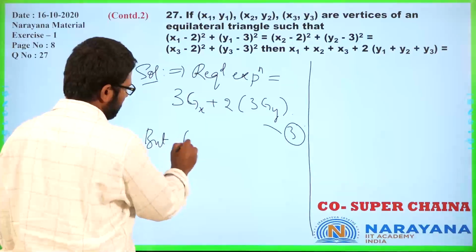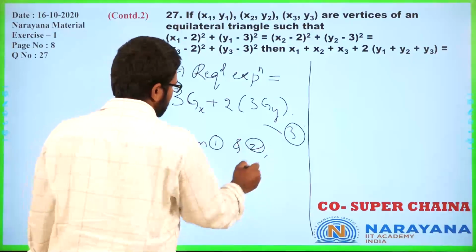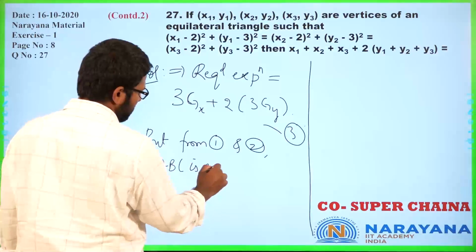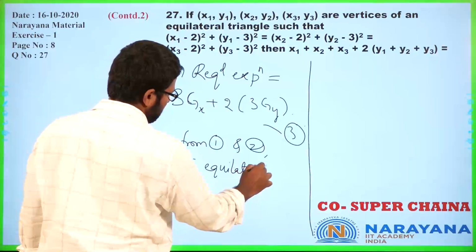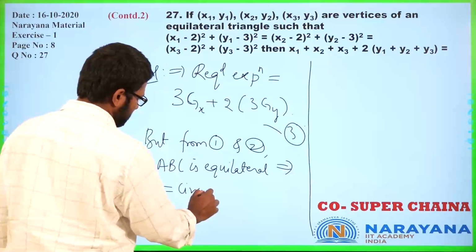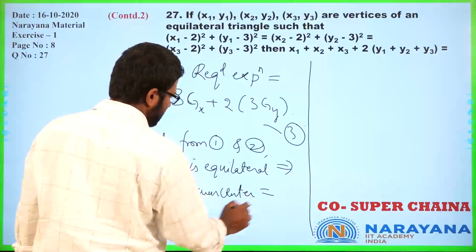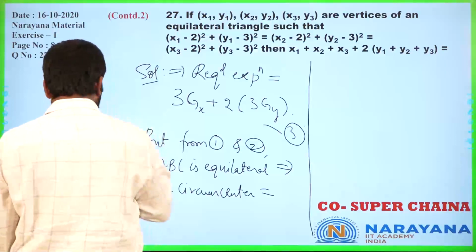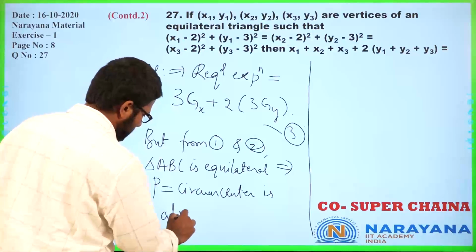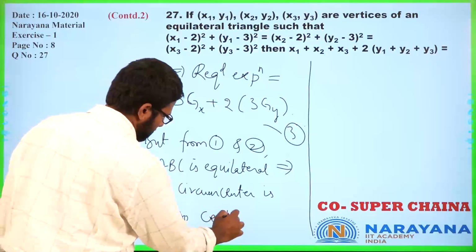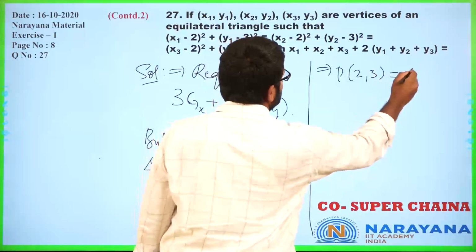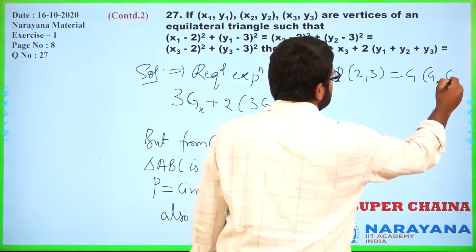From 1 and 2, triangle ABC is equilateral, which implies P, which is the circumcenter, is also the centroid.